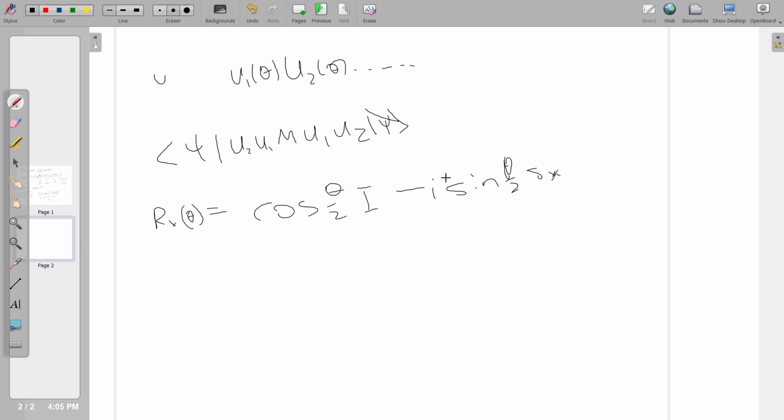With this knowledge, we can break down any of these rotation operators into basically something of the form a plus b cosine plus c sine. You can write theta over 2 without loss of generality, because if we're writing this for Rx, you would just use 2 times theta here, so the theta over 2 doesn't really matter.